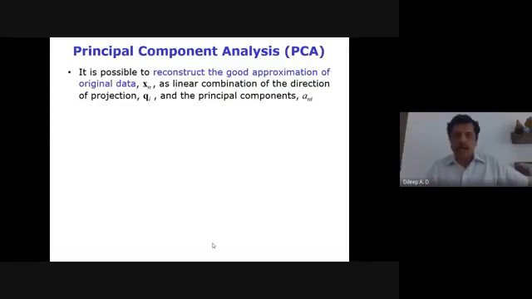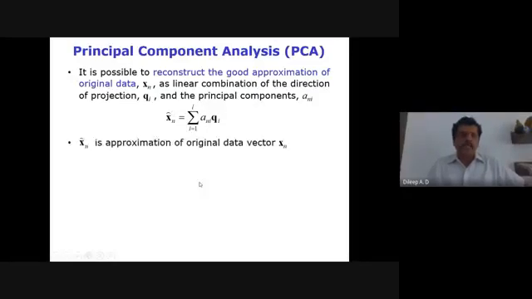How can I do that? I can do this by the linear combination of the projection directions Qi and the principal components. The linear sum of each principal component with its corresponding projection vector is going to give me back the approximation of the original data vector.